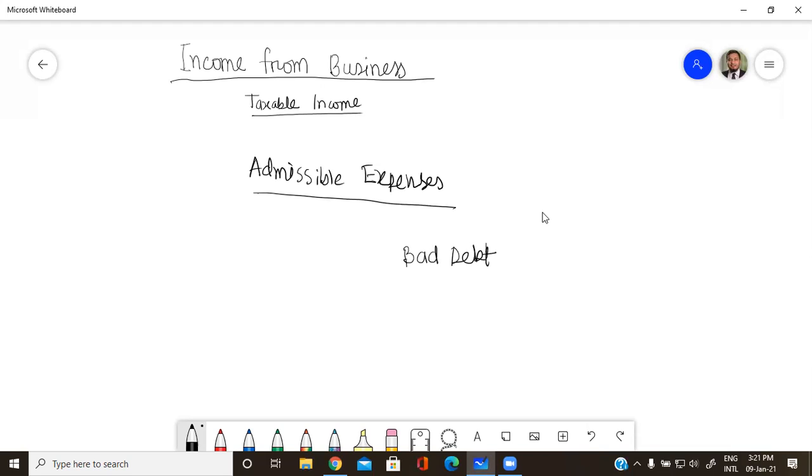Okay, but you need to show evidence. You need to recognize that the amount of receivables you are showing as bad debt is really bad debt, and you have sufficient evidence to believe that you have no chance to recover it.